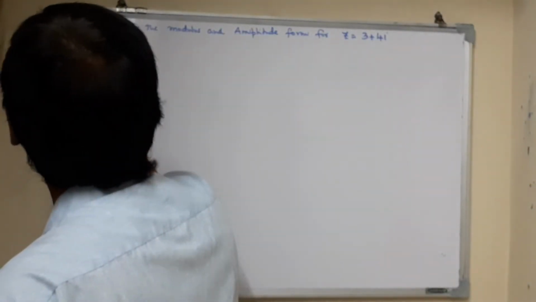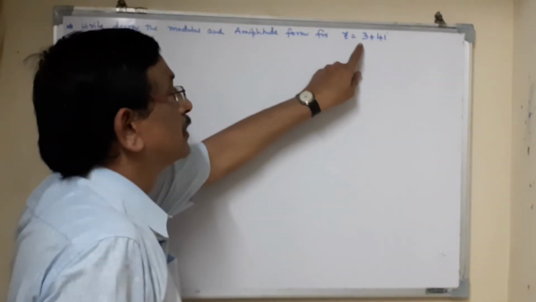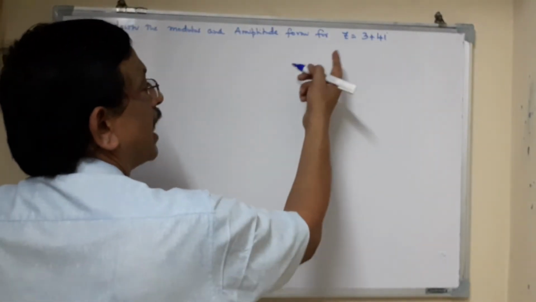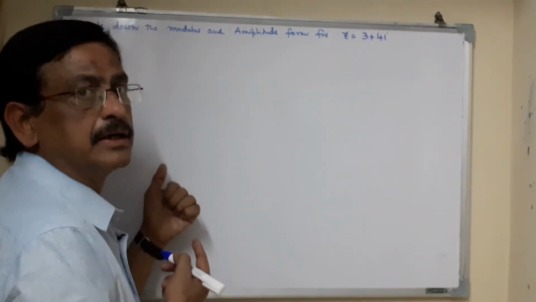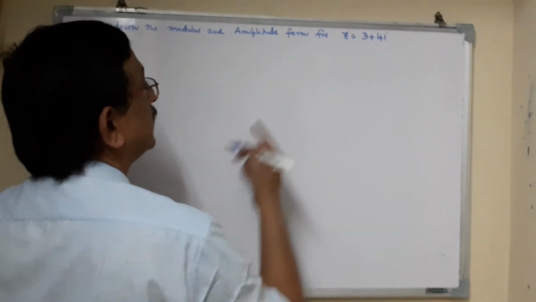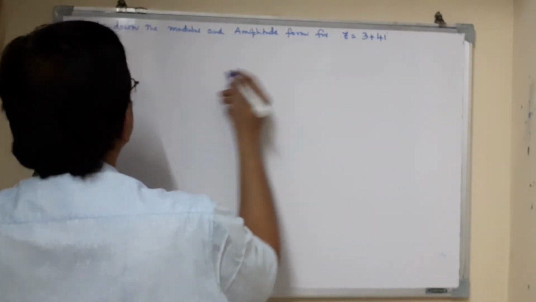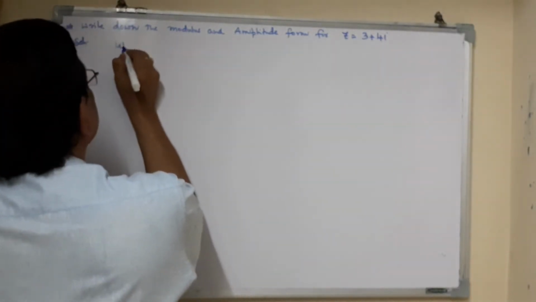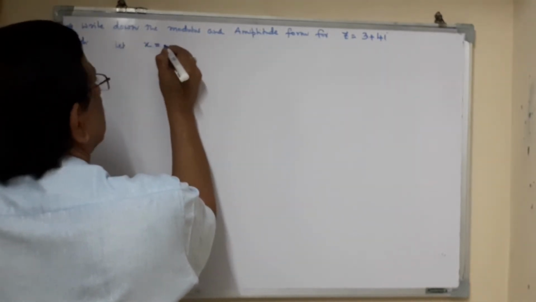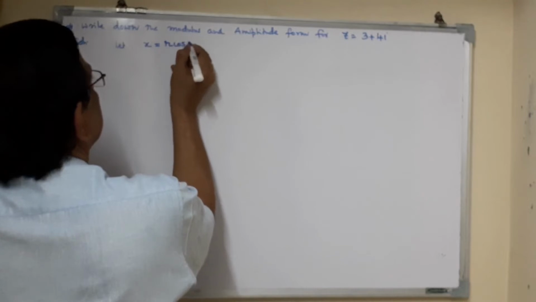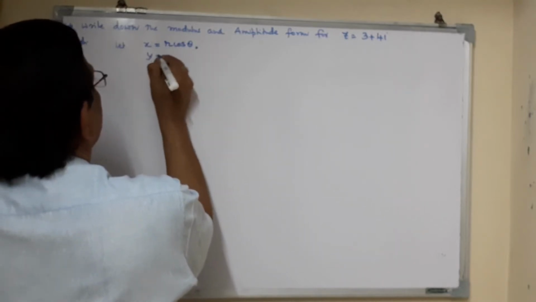Let us see the solution. See, z equal to 3 plus 4i, obviously I can write down r is equal to root of 3 square plus 4 square, because r is the modulus. However, let us follow the procedure. Let x equal to r cos theta and y equal to r sin theta.